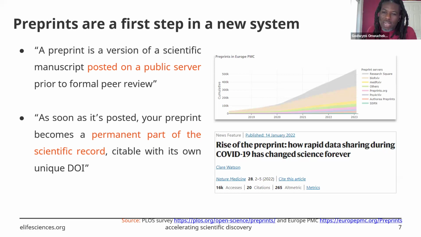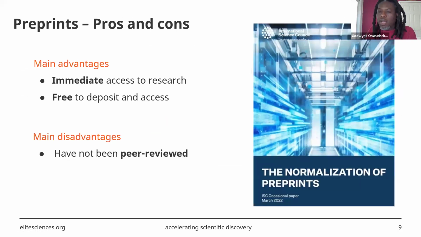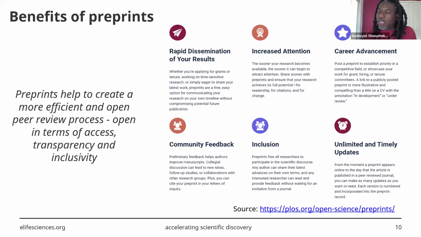The number of people depositing their work as preprints has grown rapidly in just about 4 years. That is because those who use it are getting benefits from it, and those benefits could be anything. I will show you later about the reviews that we're talking about.